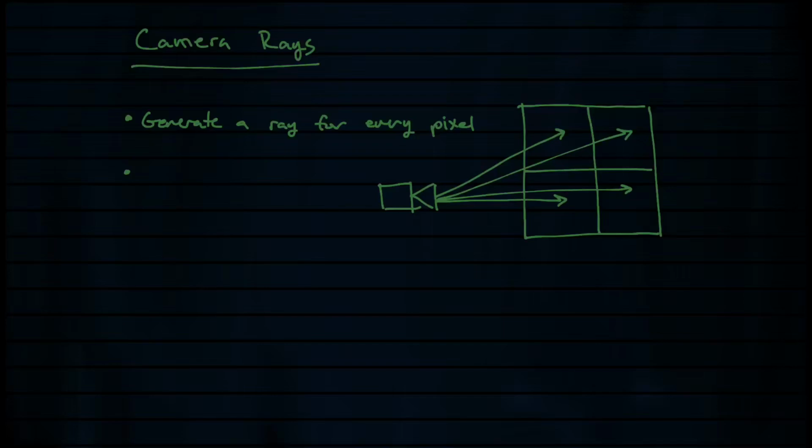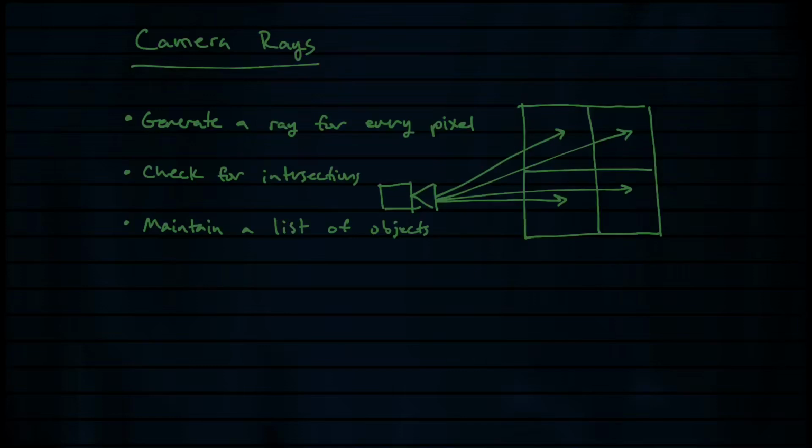And then we will check for intersections. Essentially what we can do is maintain a list of objects and just go through them one by one and see if we had an intersection.